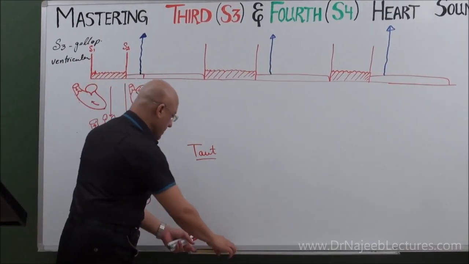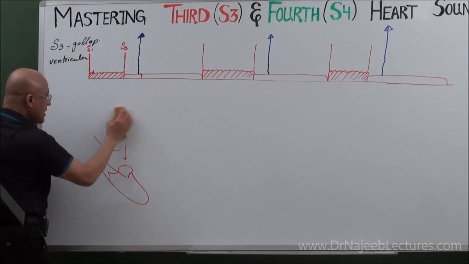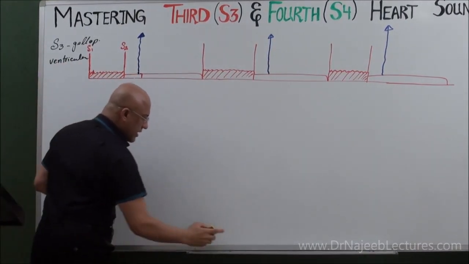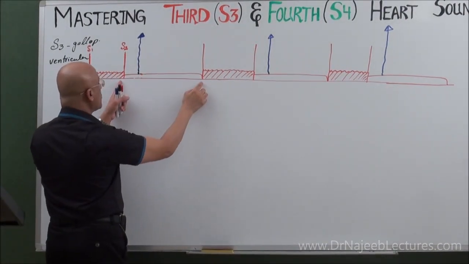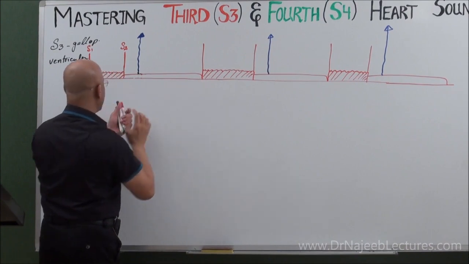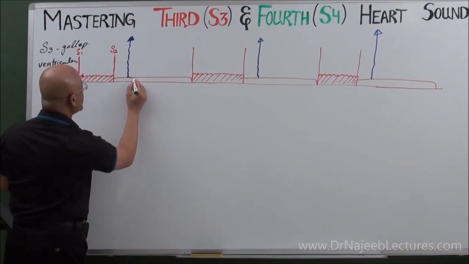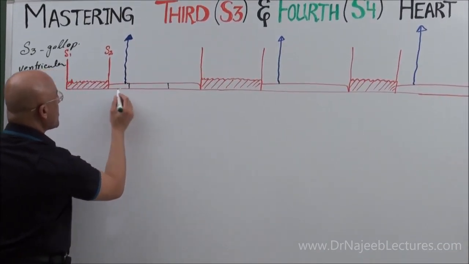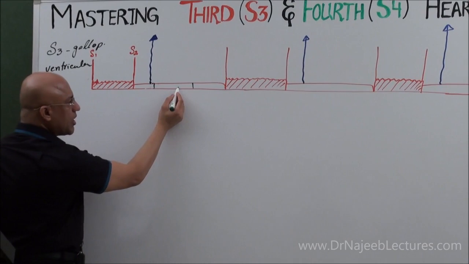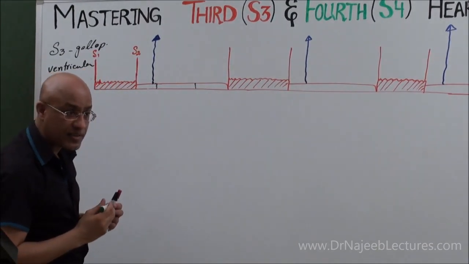For this purpose, I will again draw the ventricle. What happens during ventricular systole? What happens during ventricular diastole? Actually, ventricular diastole for functional purposes can be divided into three parts: early 1/3, middle 1/3, and late 1/3 of the diastole.